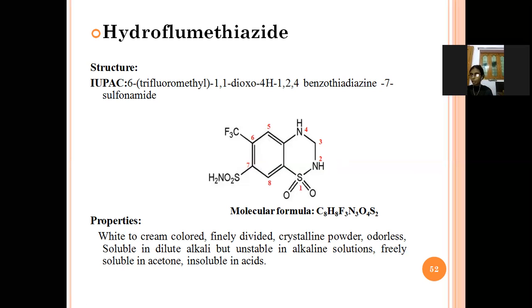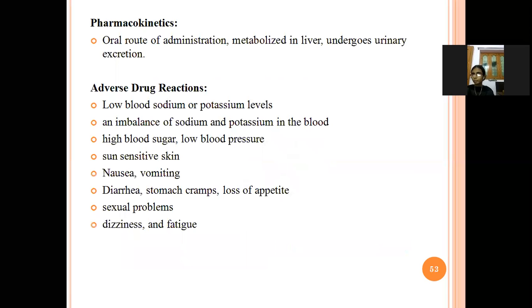is soluble in dilute alkalis but unstable in alkali solutions, freely soluble in acetone, and insoluble in acids. So pharmacokinetics are, it is an oral route of administration and it is metabolized in the liver. It undergoes urine excretion.